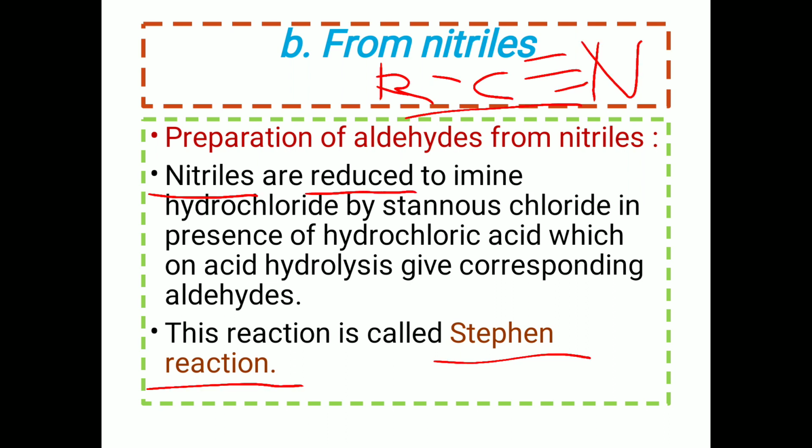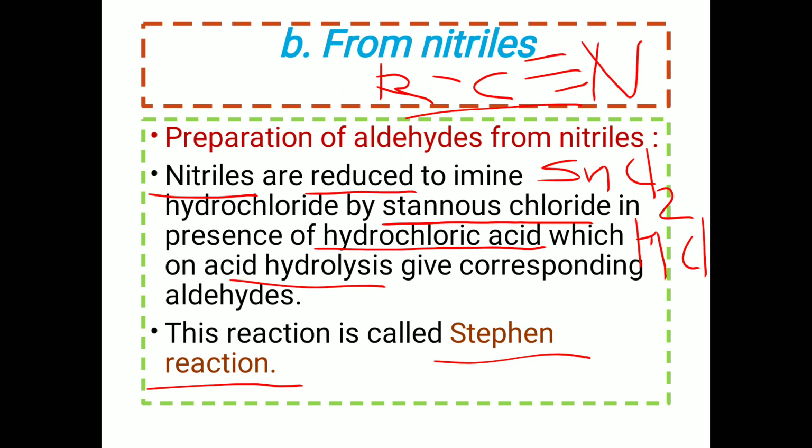For this reduction we use the reducing agent stannous chloride, SnCl2, in the presence of hydrochloric acid, HCl. This on acid hydrolysis gives the corresponding aldehyde.